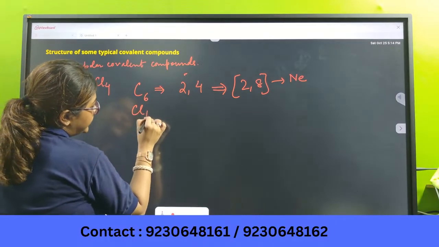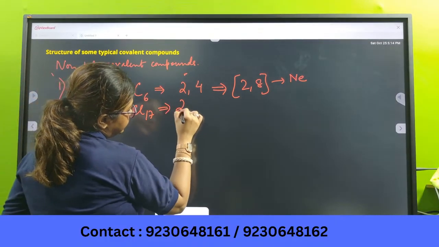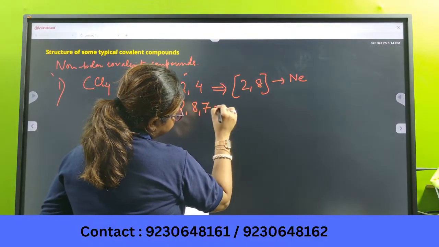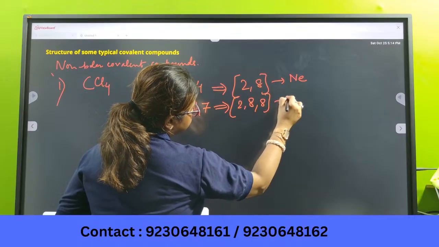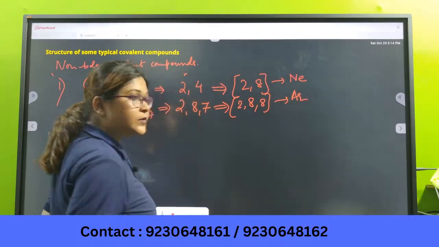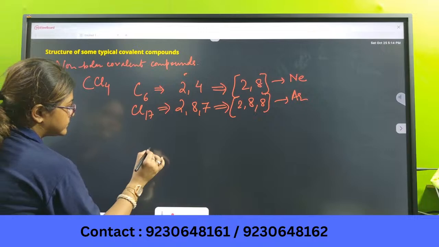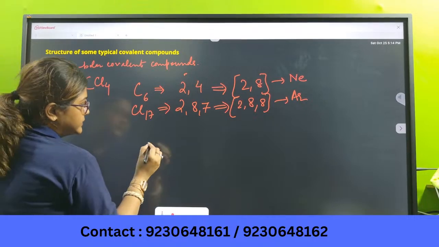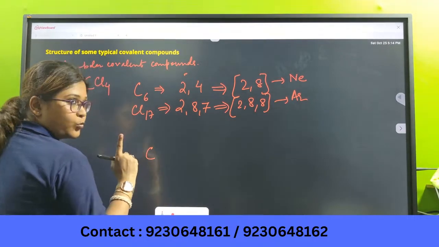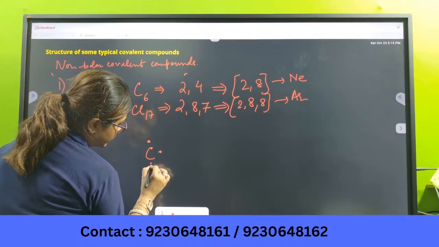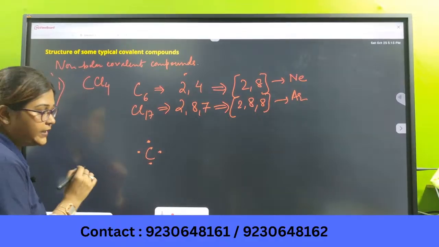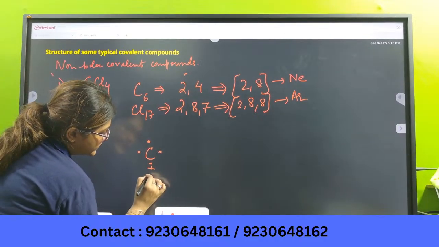And chlorine has atomic number 17. Okay. So carbon is 1, CCl4. 1, 2, 3, 4. Okay. This combines with chlorine.